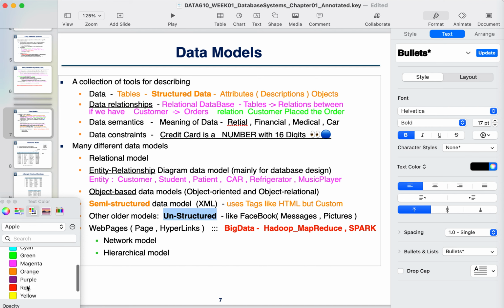And we have special SQL called NoSQL, or SQL that works on Hadoop and Spark, to be able to retrieve records from this kind of unstructured data.